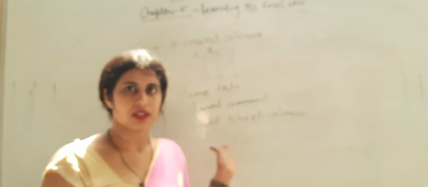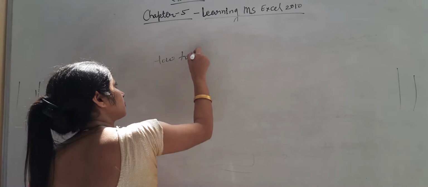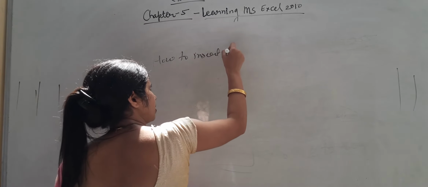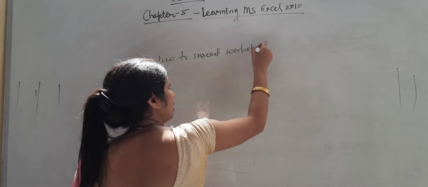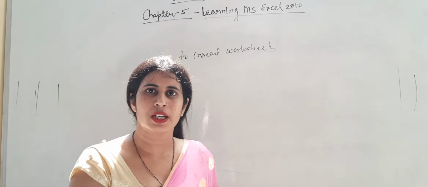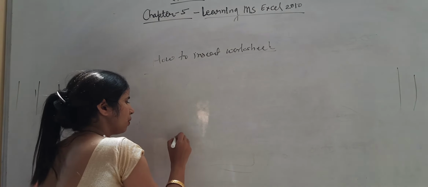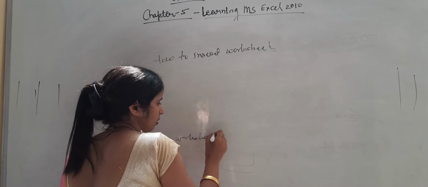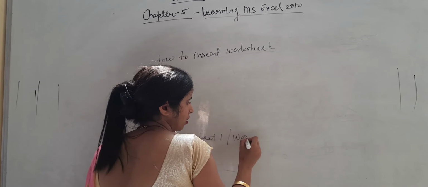Okay, next is how to insert a worksheet. This was how to insert a column and how to insert a row. If you want to insert a worksheet, downside you are seeing Worksheet 1, Worksheet 2, Worksheet 3, and here you will find a plus sign.